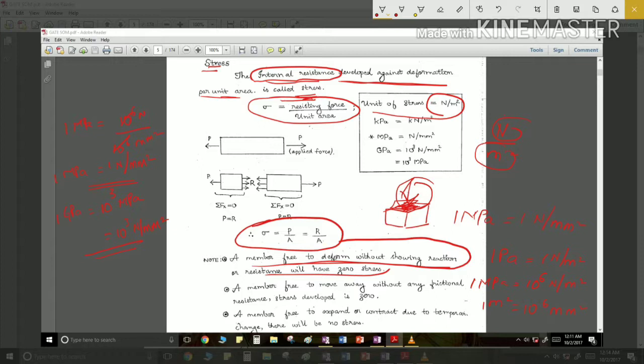Very, very important. Stress is nothing but this force by area, and this force is nothing but internal resistance force to that force. So if there is no resistance in the body, then what will be the stress? Zero.